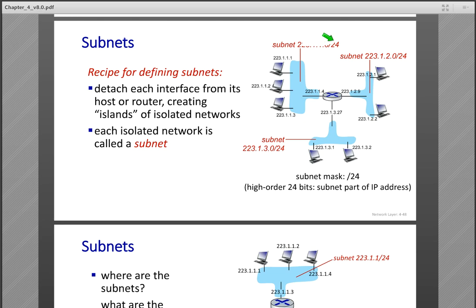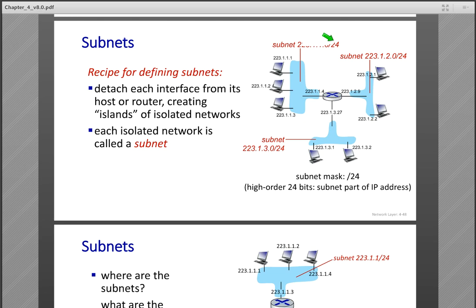It means that the first 24 bits, from left to right, are the net ID part or subnet ID, and the rest, the remaining 8 bits, are the host ID, because in total we have 32 bits in an IP address version 4.